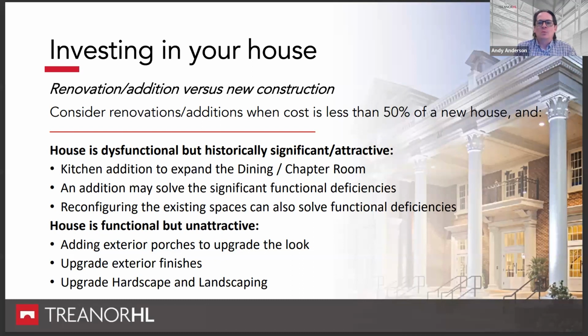So you think, well, what will we do? You might add an addition on the rear of the house that adds a modern kitchen, or expands the dining room, or adds some more sleeping rooms to meet some of the deficiencies. Or the addition might solve any number of functional deficiencies. It might allow you to add the elevator that you need, or the additional fire stair.